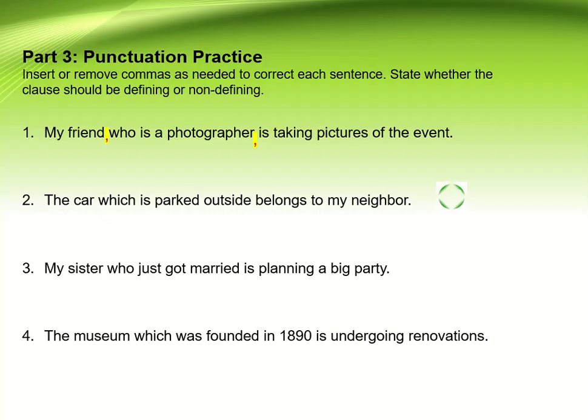Number 2, the car which is parked outside belongs to my neighbor. It's correct. Number 3, my sister, who just got married, is planning a big party. That's correct. Number 4, the museum, which was founded in 1890, is undergoing renovations. That sentence is also correct.